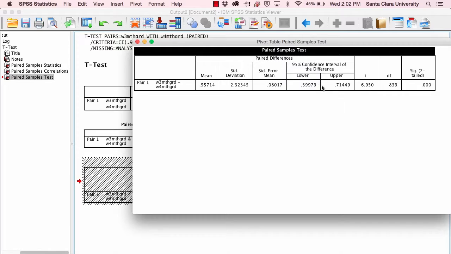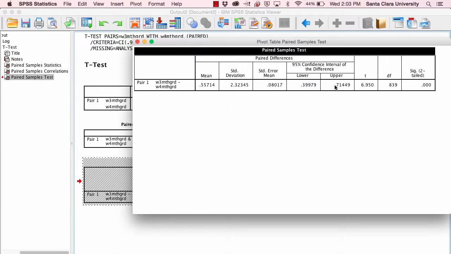And as you can see, both the lower and the upper values of this confidence interval are positive, and it does not include 0. So it looks like there is a difference between these two sample means in the population. Remember, a confidence interval says, using sample data, what would we predict the population parameter to be within a certain interval?